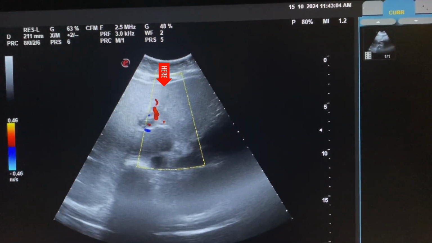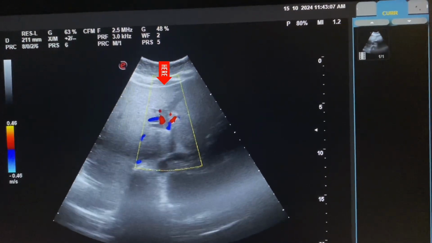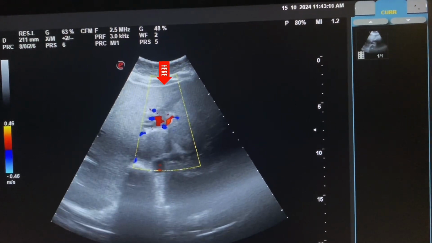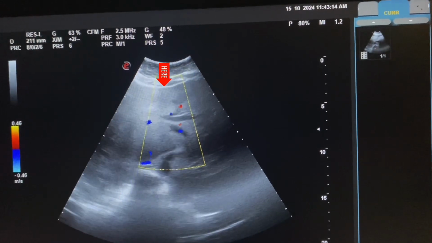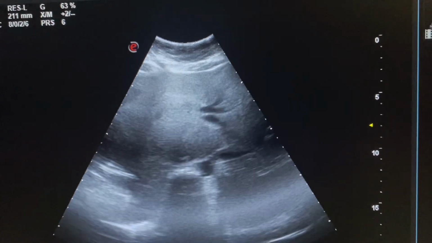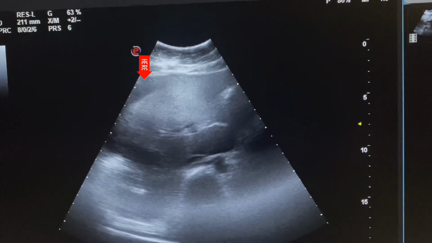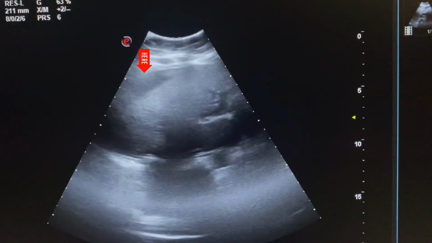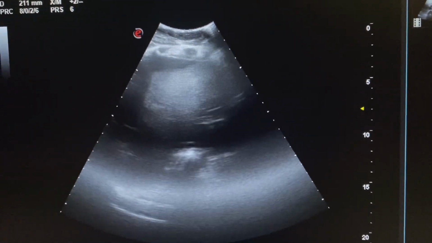In liver there is a portal triad like hepatic vein, hepatic artery and biliary duct. Here we also see the hypoechoic area on the upper border of the liver or subdiaphragmatic area.